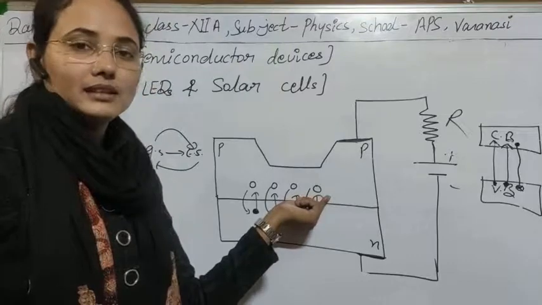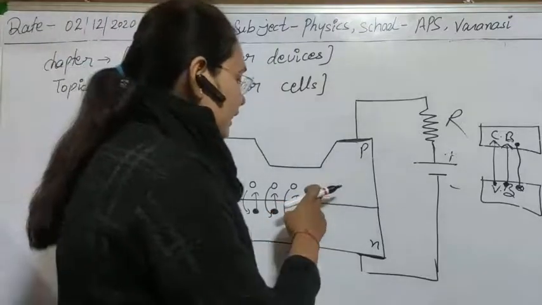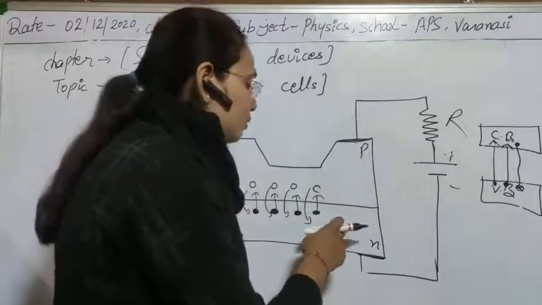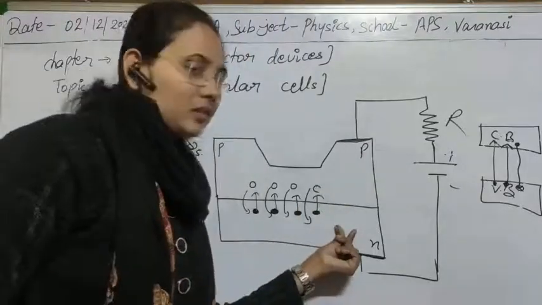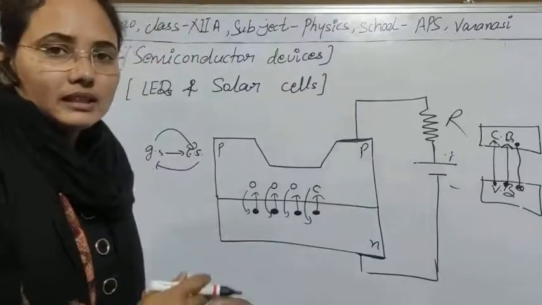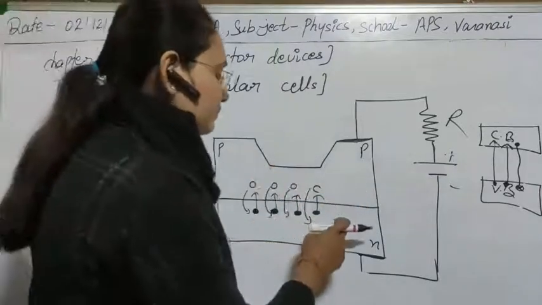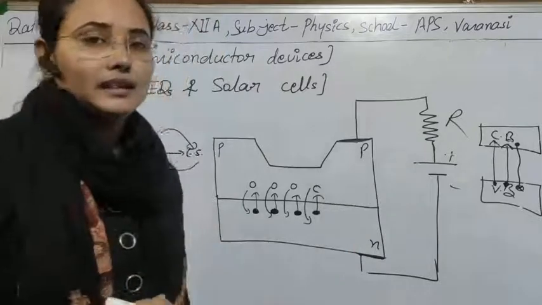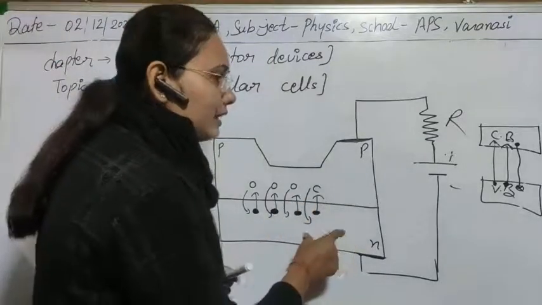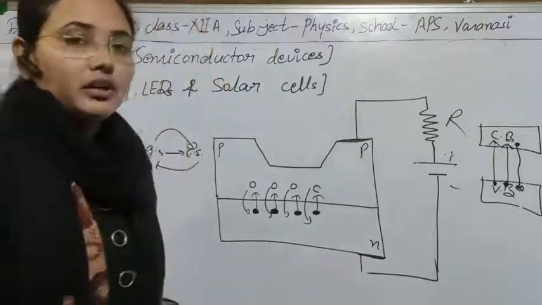You can see it here. The number of minority carriers is increasing because electrons are going here and holes are going there. So obviously the number of holes and the number of electrons are increasing, and these minority carriers recombine with the majority carriers.